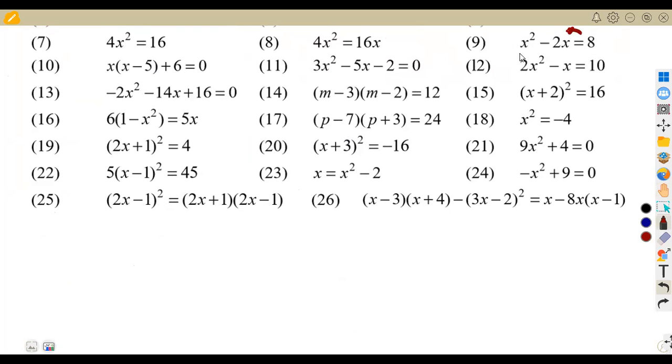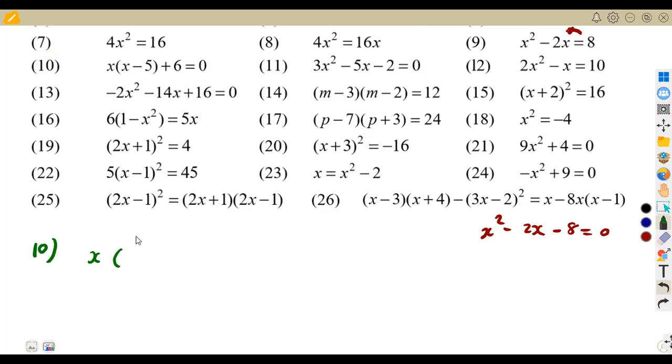It becomes a negative, so this will be something like x squared minus 2x minus 8 is equal to 0. You factorize, which is the same thing as what you have on number 10. But on number 10, take note, there's a bracket there. All right, so let's concentrate on number 10, because I think that is where we've got something important there. So we've got an x, but you can try number 9. If you have a challenge on that one, let me know so that we can redo that question together.